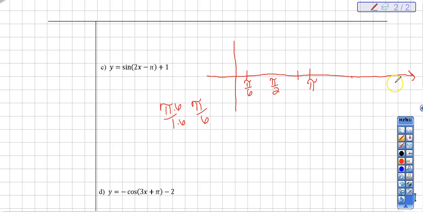So before you create your graph, be thoughtful about the scale that you're creating, and reference your phase shift to help you create your scale. And I'll help you with that as the period goes on if you need it.